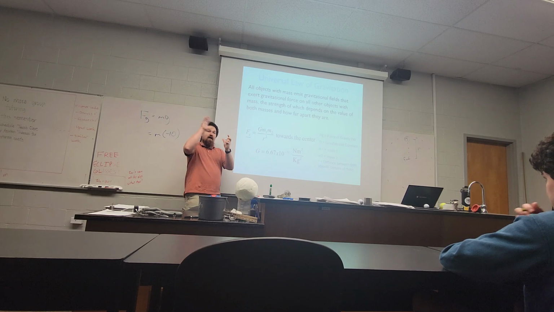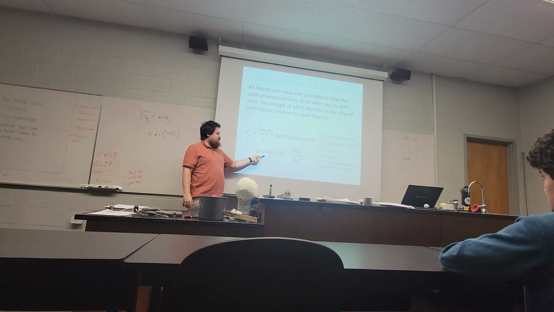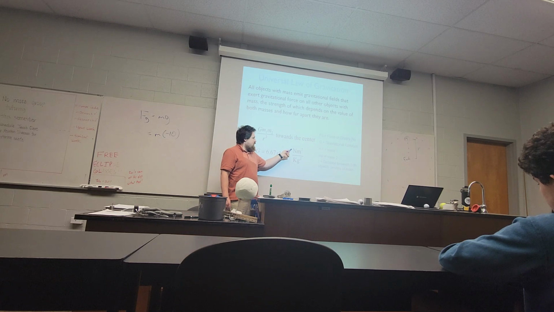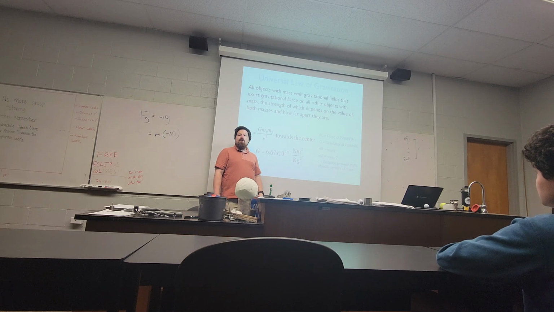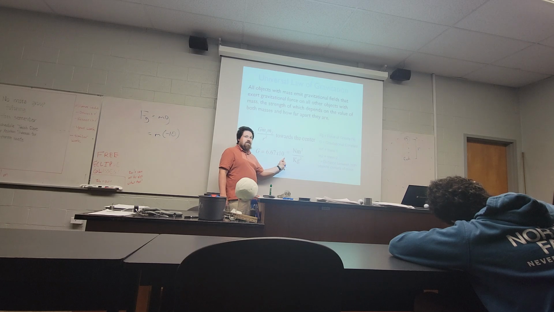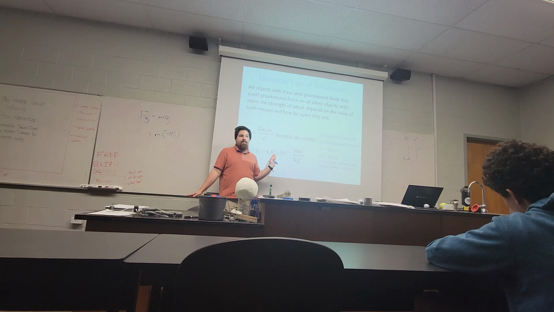But if you ever see uppercase G in a formula like this, that is a constant, 6.67 times 10 to the negative 11th, and then we gave it a unit so that the formula worked. But big G is always this. If you're ever using this formula, this is the number you plug in for big G. That's always the same.